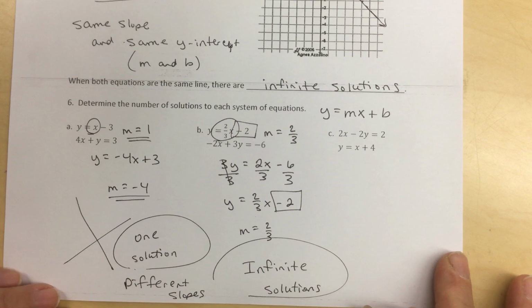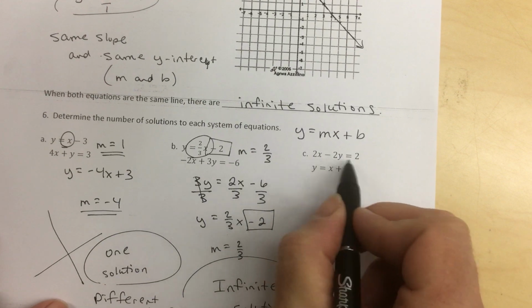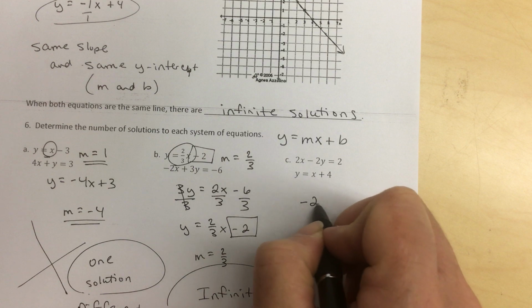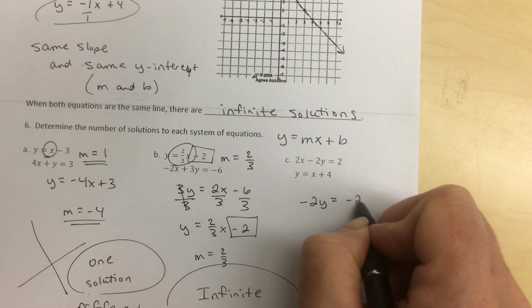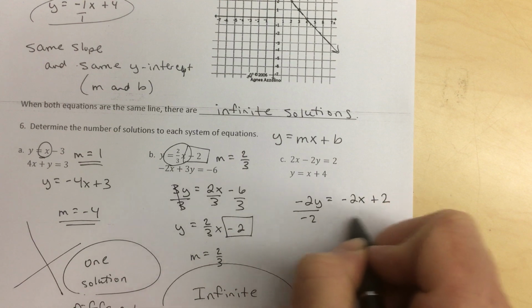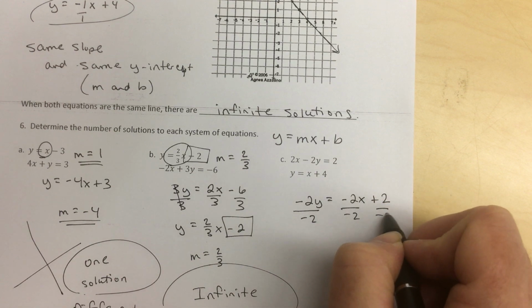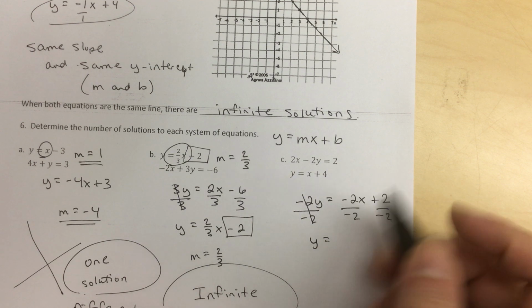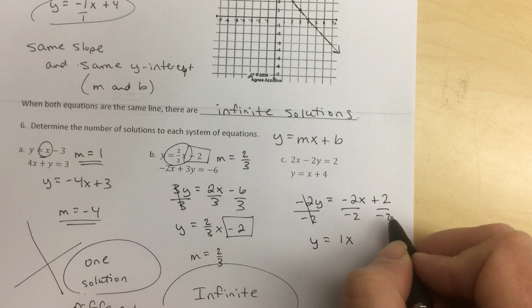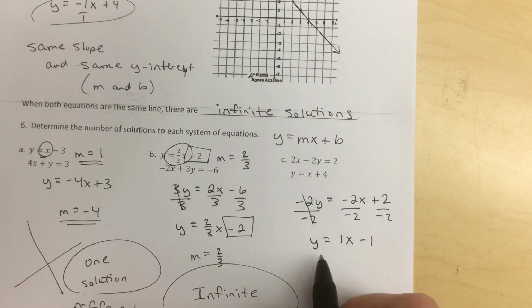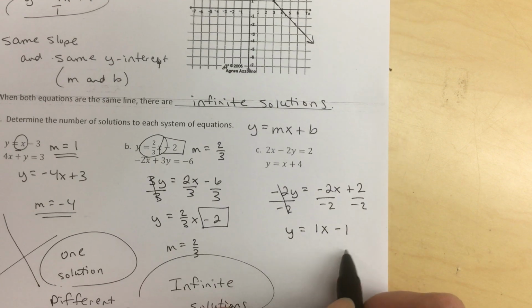Same m and same b. This one we need to rearrange, so I'm going to move the 2x over. That's going to give me -2y equals -2x plus 2. Divide everything by -2, because you want to get your y by itself. -2 divided by -2 is a positive 1. 2 divided by -2 is -1. So this top equation reduces to y equals 1x minus 1.